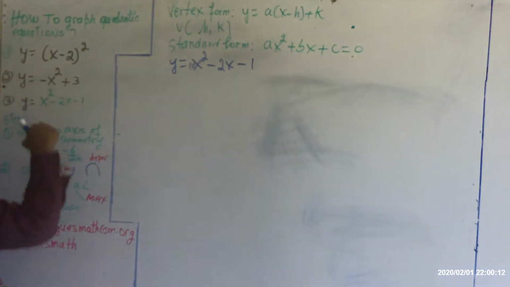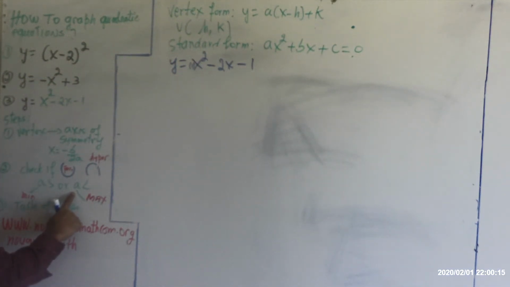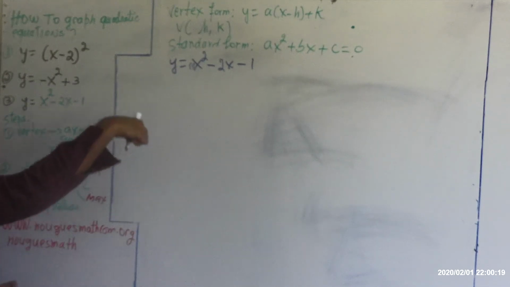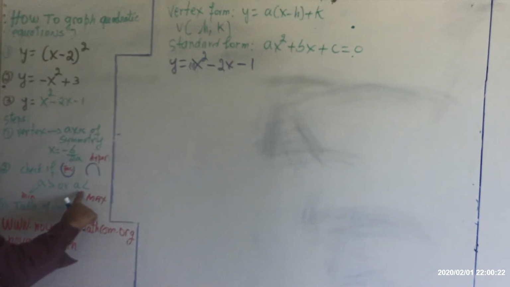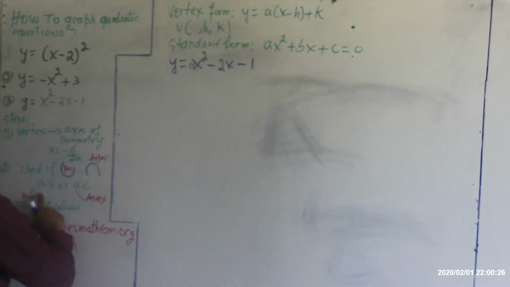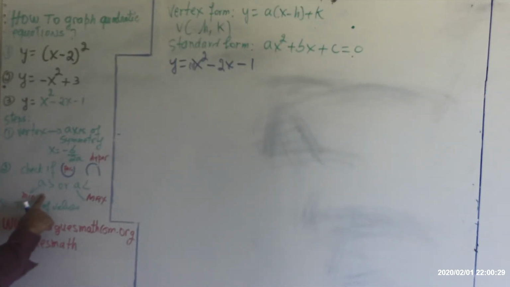If the coefficient is negative, that means less than 0, my graph is going down. Remember that. When the coefficient is positive, that means a greater than 0, my graph will admit a minimum. When the coefficient is negative, my graph will admit a maximum. So you need to remember that.